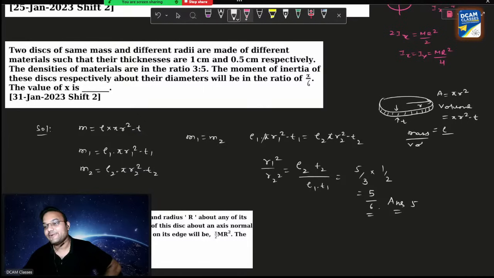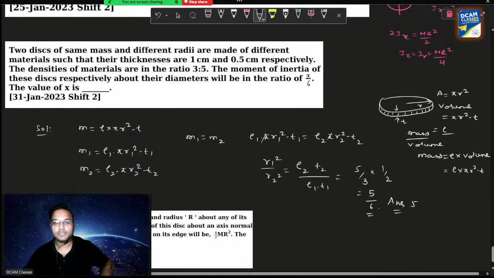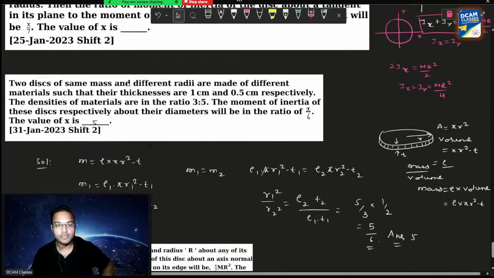Density is mass by volume, so mass will be equal to density into volume. That's why I have found mass as rho into pi r square into t. I think you should have understood this one. The above question, if you have not done, do it as homework.